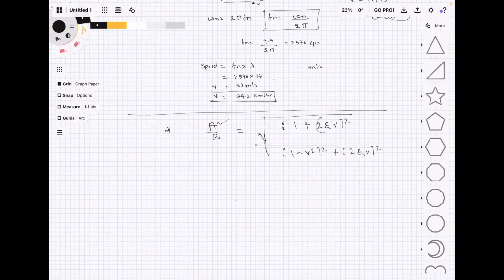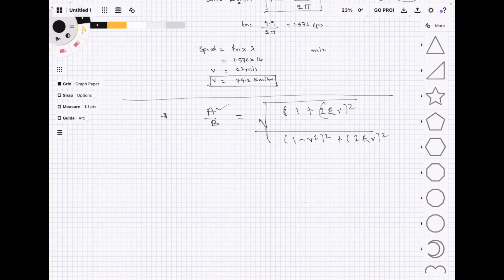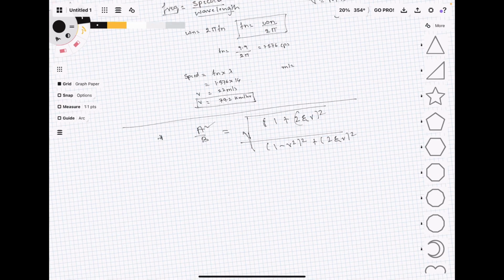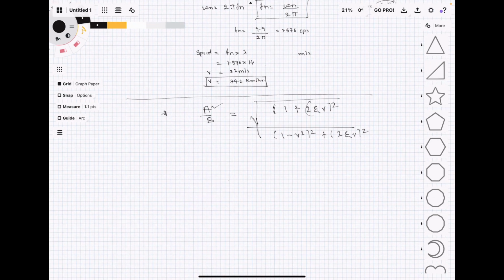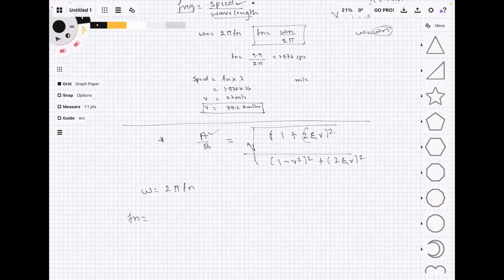The velocity is given here. Omega is nothing but 2 pi fn, and fn we have already seen is speed upon wavelength.